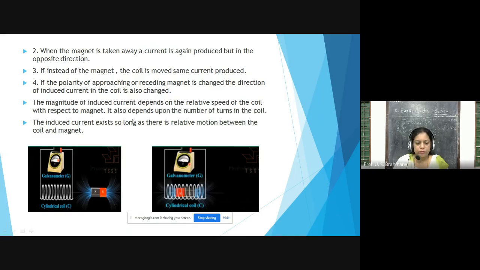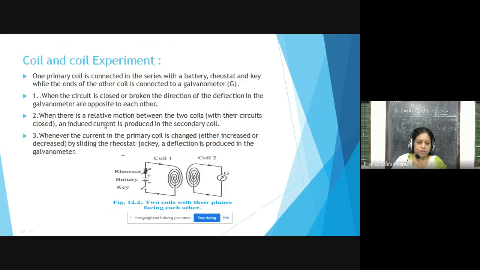Then we'll have the other, two coil experiment, in which instead of a magnet, another coil is taken. So it is the coil and coil experiment. Now here you can see there are two coils. This is a coil to which we have attached a rheostat, then there is a battery and a key. The battery is attached to this coil, so it is called the primary coil.